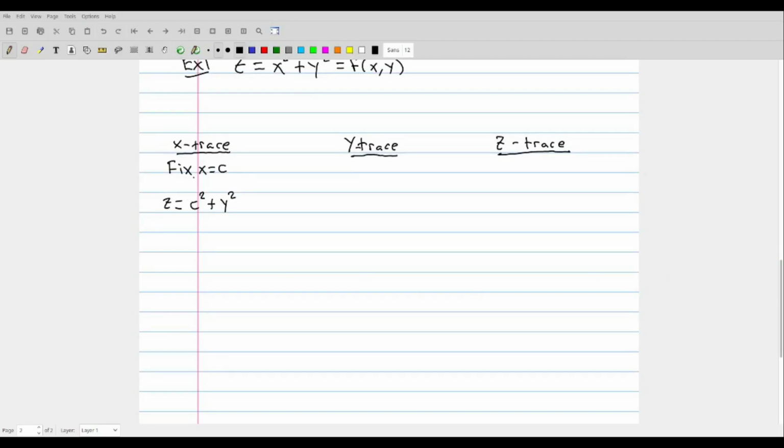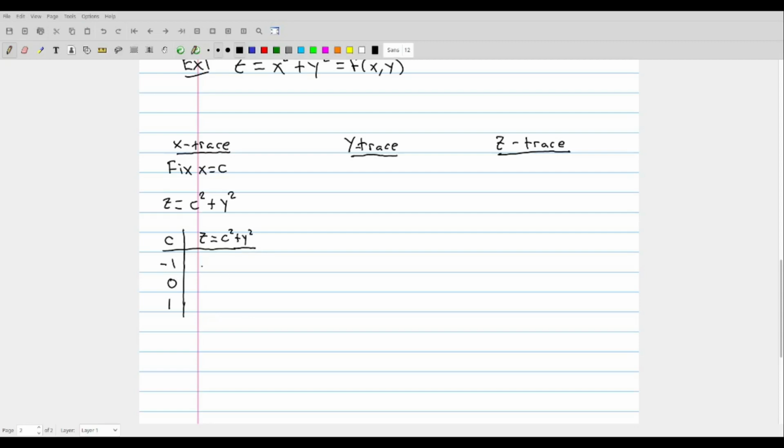If x is fixed at various values of c, you want to think about what type of curve this is going to be for various values of c. You could even make a table with a column for the various values of c. I'll do 3 separate values of c. The expression that you get is z is equal to c squared plus y squared.